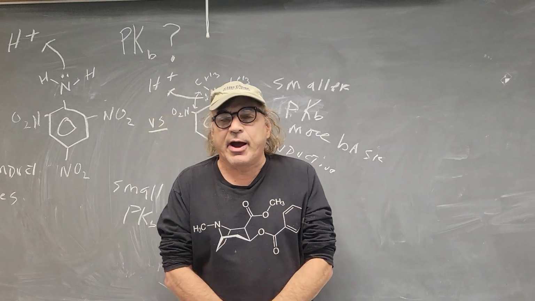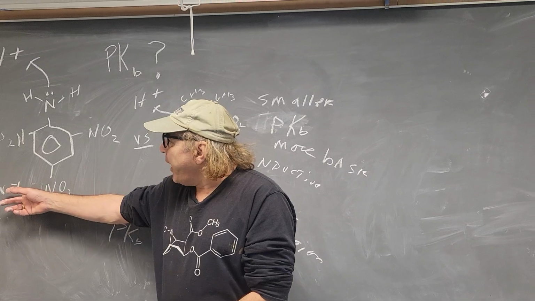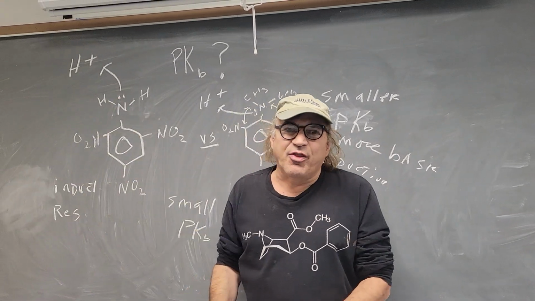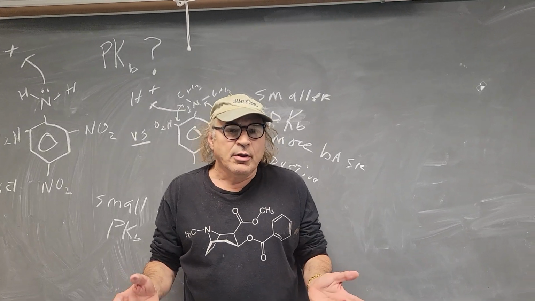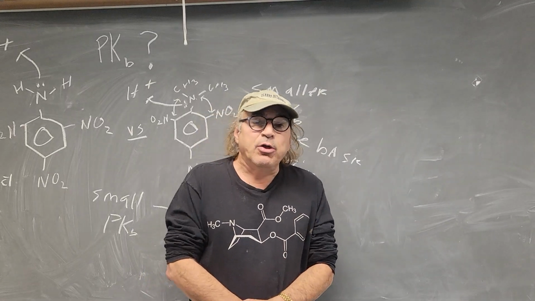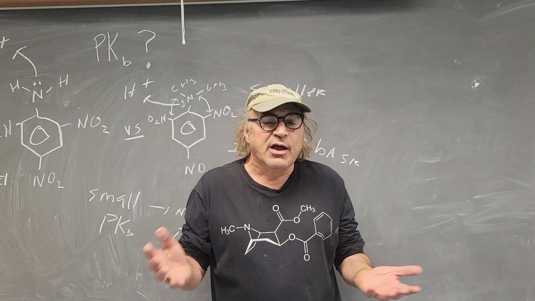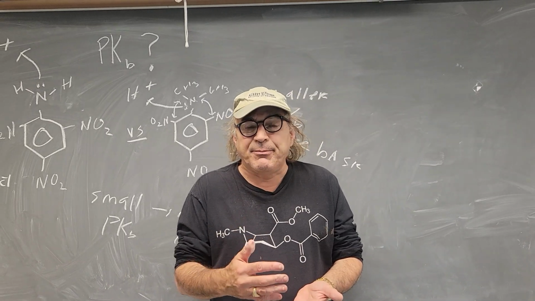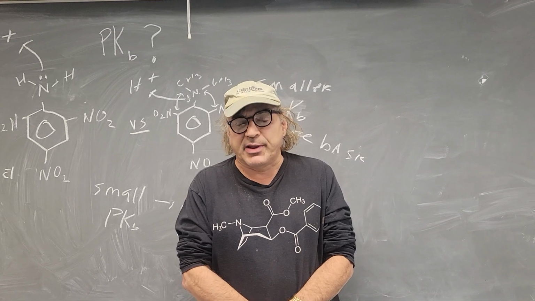So the first compound, to rehash, had resonance and induction, and therefore those electrons are not localized on the nitrogen at all. They are being withdrawn. The second example, we have induction, but there's no resonance with the nitrogen simply because of steric effects. It pushes it into a different plane.